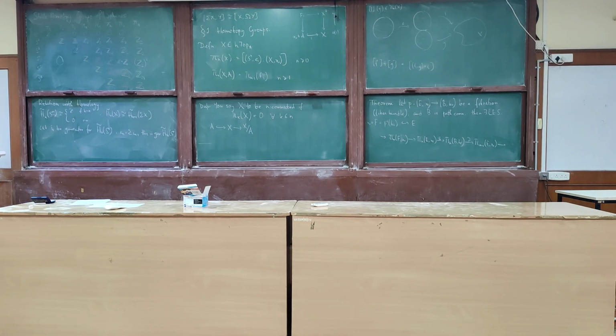Now what we can do is define a map from the homotopy group of the space to the homology group of the space. This is called the Freudenthal map. You start with your space X, and you want to define a map to the homology.